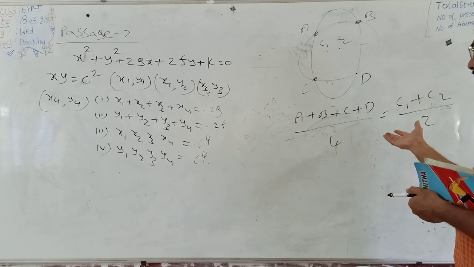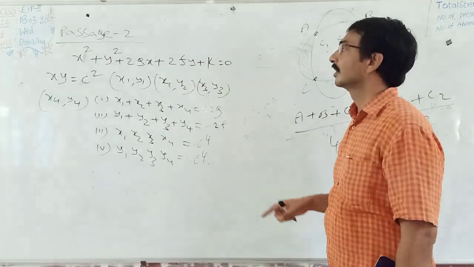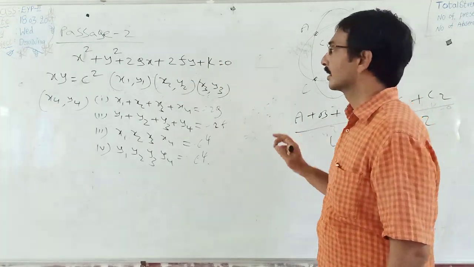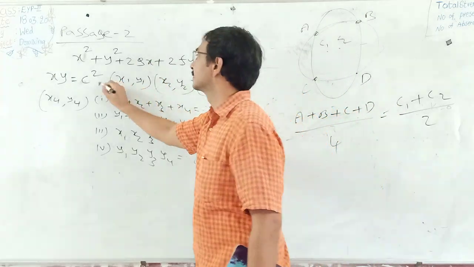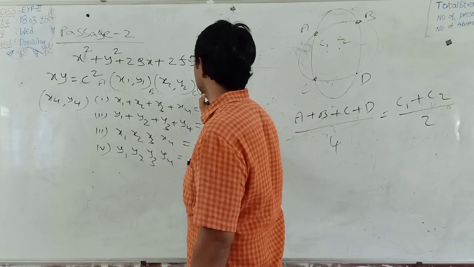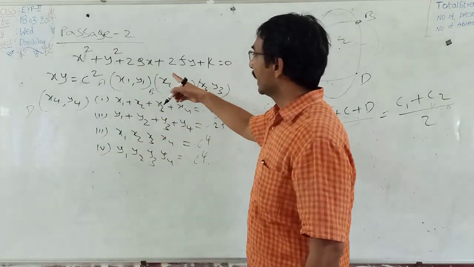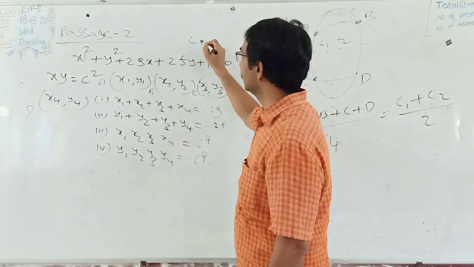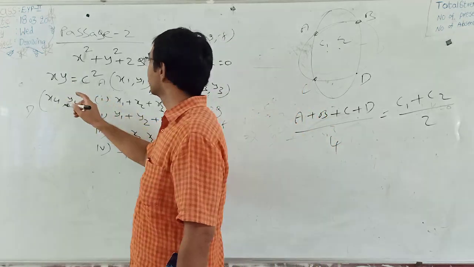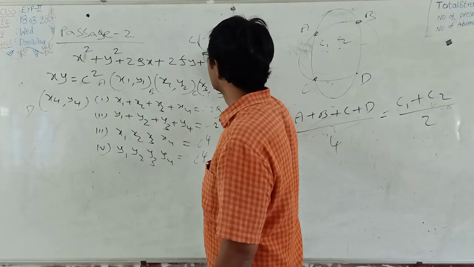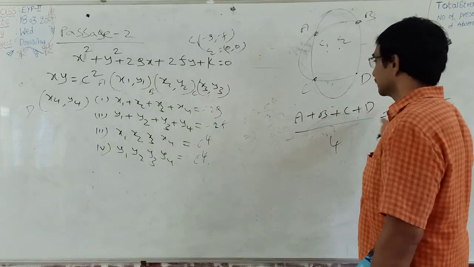I am explaining the proof by using the above passage. These two are central second degree curves. They intersect at 4 points A(x1, y1), B(x2, y2), C(x3, y3), D(x4, y4). The center of the circle is (minus g, minus f), and the center of xy equals c squared is (0, 0). So see the proof.